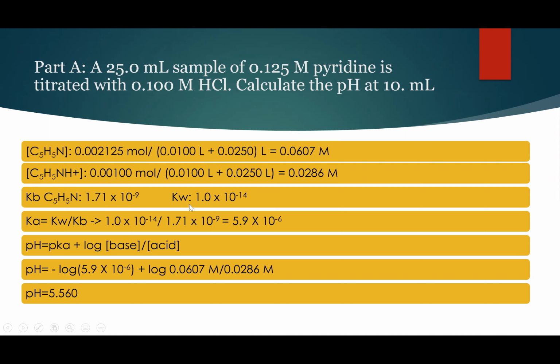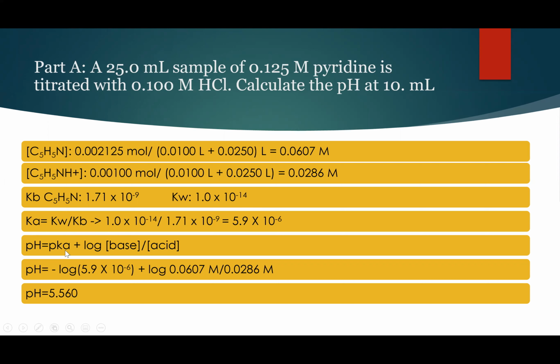Now, we know that our Kb of C5H5N is 1.71 times 10 to the negative 9. We also know that Kw, which is the ionization of water, is 1.0 times 10 to the negative 14. The equation itself is Kb times Ka gives us Kw. Now we don't have Ka, but we do have Kb and Kw. And so we rearrange the equation to Ka equals Kw over Kb, which gives us 5.9 times 10 to the negative 6.